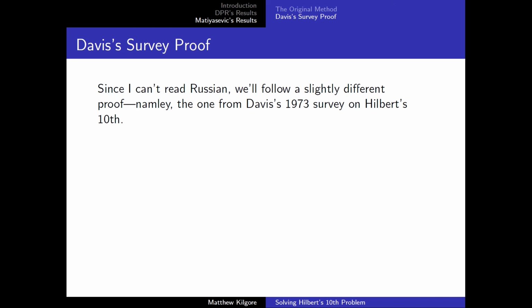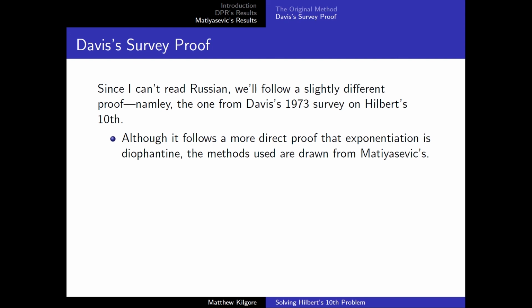Now, there may be some confusion because this paper is actually well written in a way that makes sense, but this is the same Davis as from before. His proof is a lot more direct in that it actually shows directly that exponentiation is Diophantine. The methods it uses, however, are more or less the same as Matiyasevich developed.